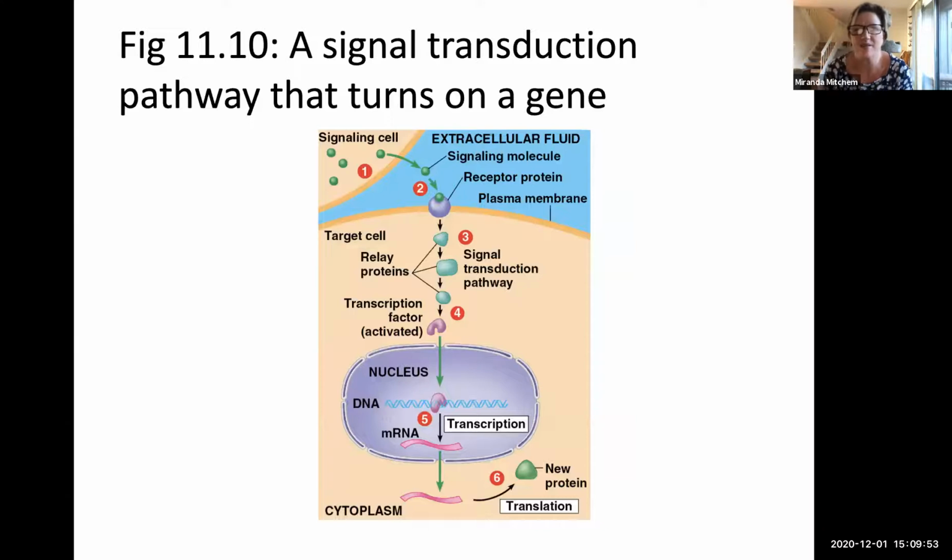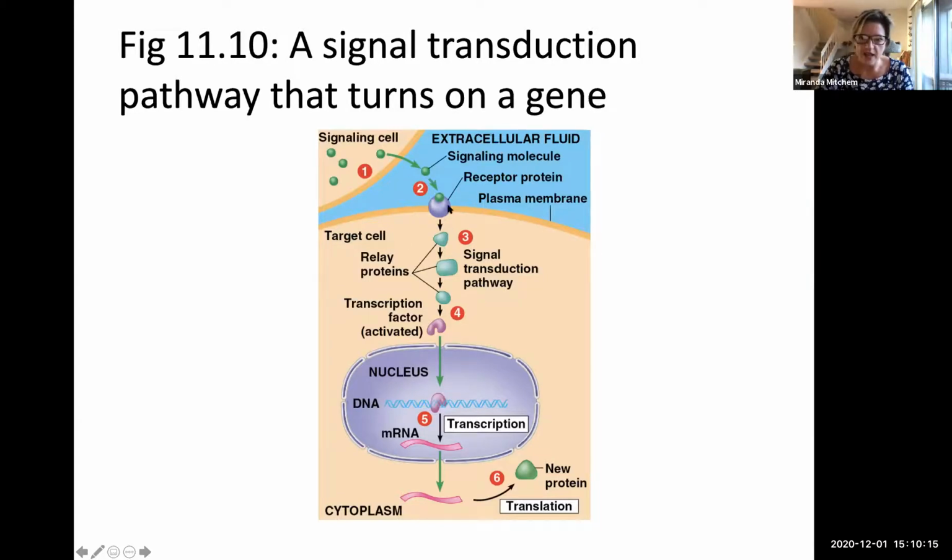So let's look at some examples of how a gene can be expressed. This term, signal transduction, is a pathway that results in the production of a protein. So we have two cells involved here. We have the signaling cell and then our target cell.